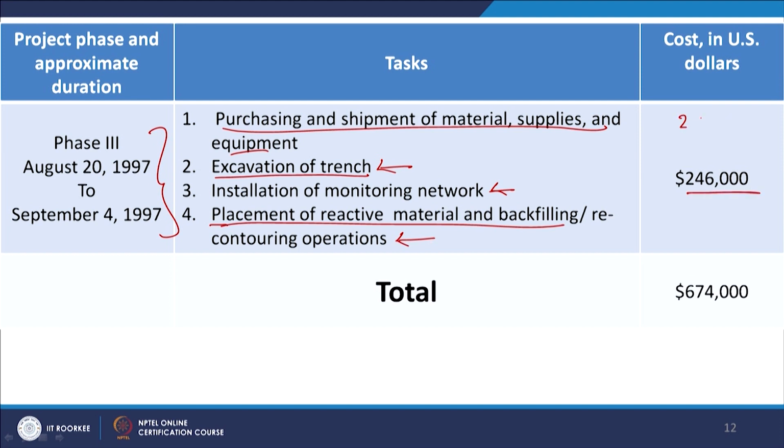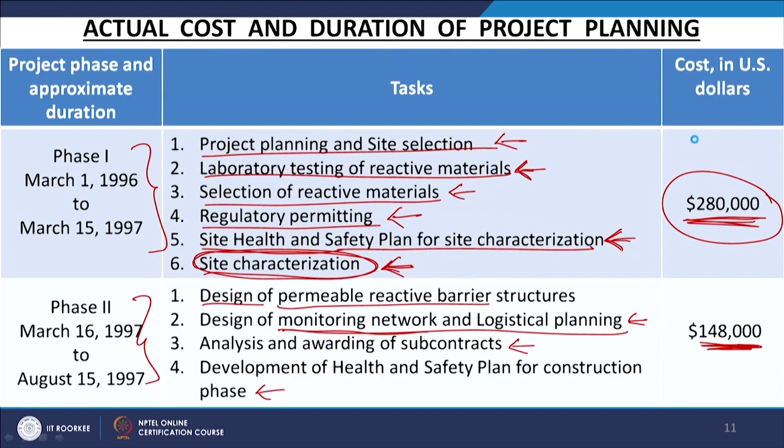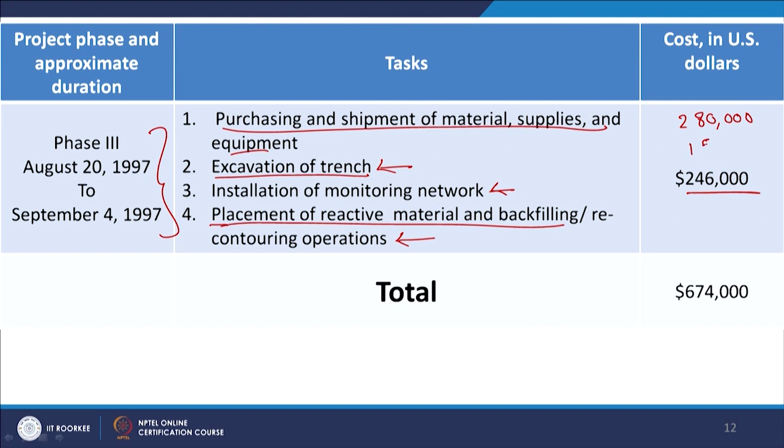I think around $280,000, and for phase 2 I think $150,000, right. And you can see how the costs add up, right, to around $675,000, but still you see that it's pretty less than what you would consider for any other kinds of treatment systems. But obviously for PRB, the site conditions should be suitable, the type of contaminant and so on.